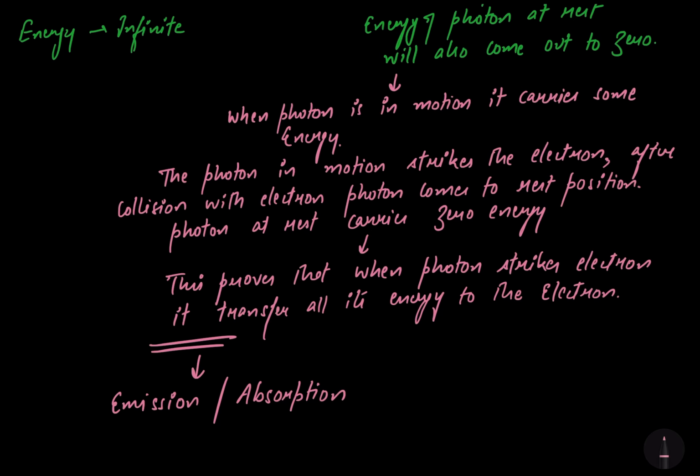You can see in the previous videos under the Bohr atomic model. So this Einstein relativity principle proves that the photon transfers all its own energy to the electron. After that, the photon comes to rest. When the photon is at rest, it has zero energy. That means it has transferred all its energy to that of the electron.